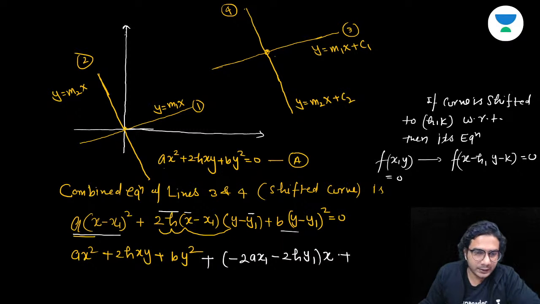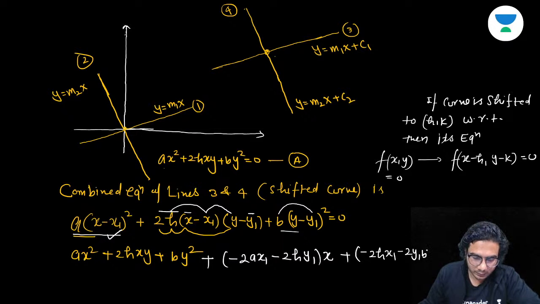Plus, now let's write the term of y. So you're not getting any term of y here. Here you'll get the term of y, 2h into x1 into y, right? So minus 2hx1, and here also you'll get b into minus 2y1y, so minus 2y1b into y, plus the constant term.